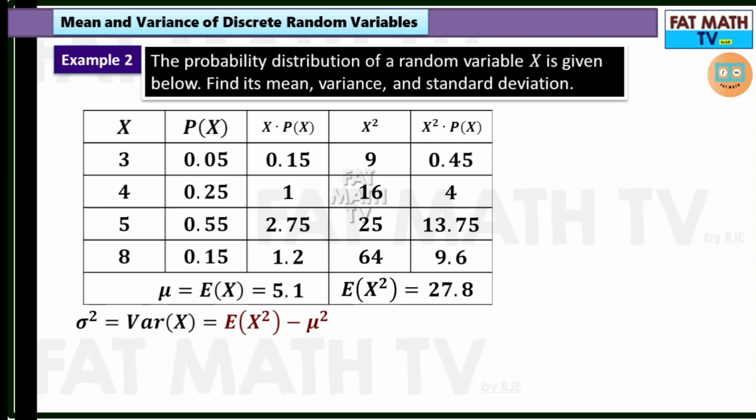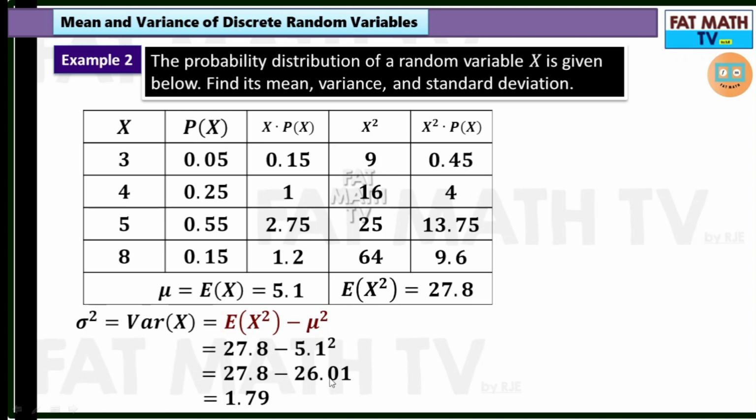And then use that in the formula that the variance is expected value of x squared minus mean squared. So 27.8 minus mean is 5.1 squared. 5.1 squared is 26.01. 27.8 minus 26.01, that is 1.79. So that is the variance. Or you can write 27.8 minus 5.1 squared directly on your calculator.